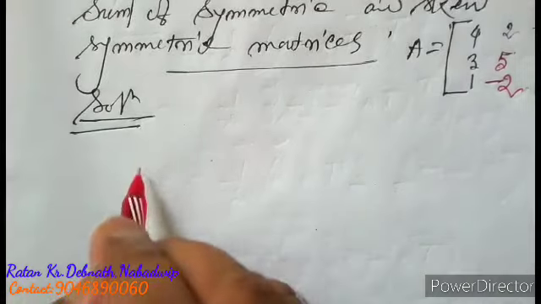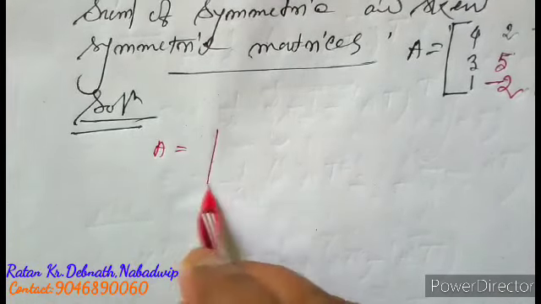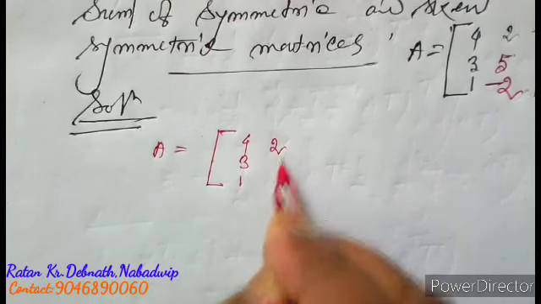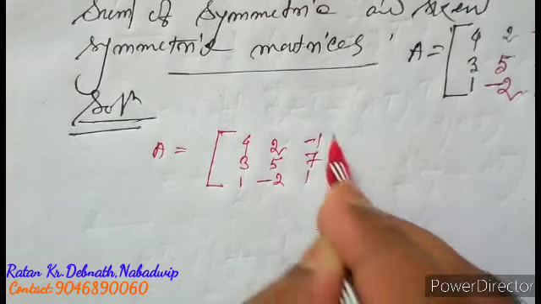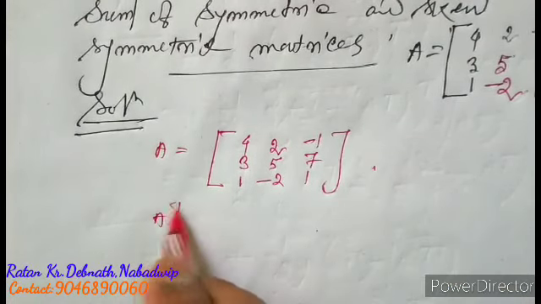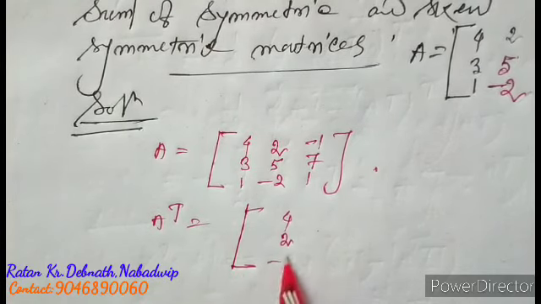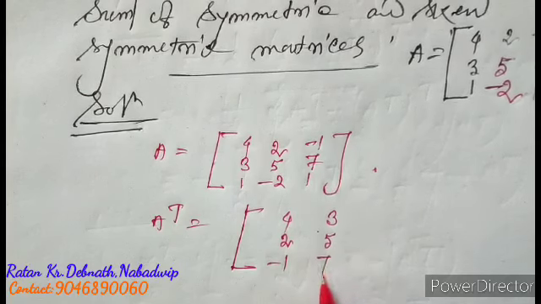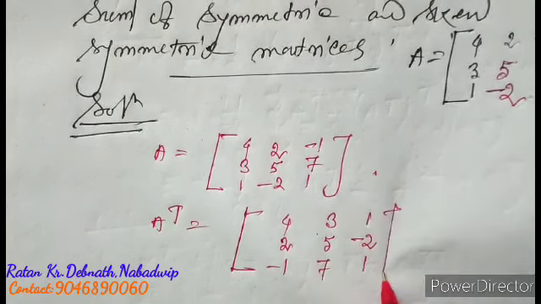Here A equals 4, 3, 1; 2, 5, minus 2; minus 1, 7, 1. Therefore, A transpose equals 4, 2, minus 1; 3, 5, 7; 1, minus 2, 1.